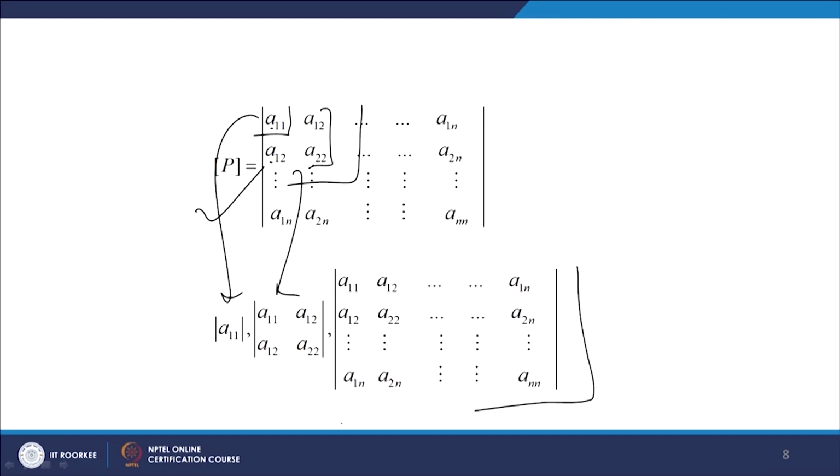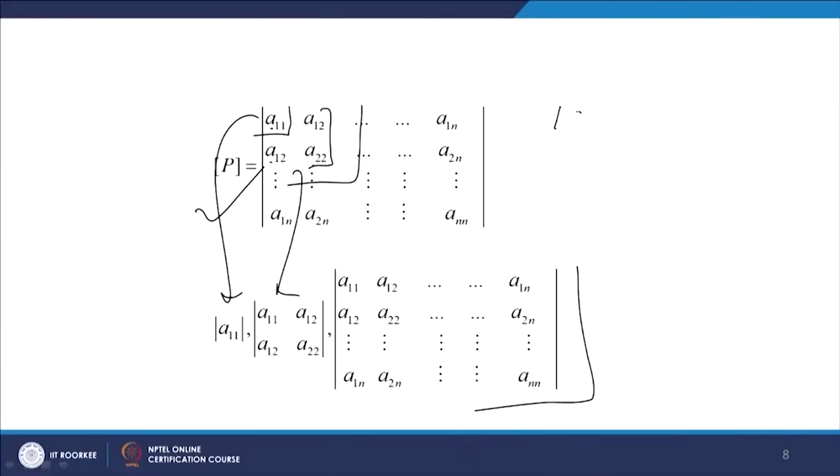So, it has been said that if all these principal minors, or the determinants of these principal minors, are greater than 0, we can say that the given matrix P is positive definite. That means the magnitude of A11 should be greater than 0.